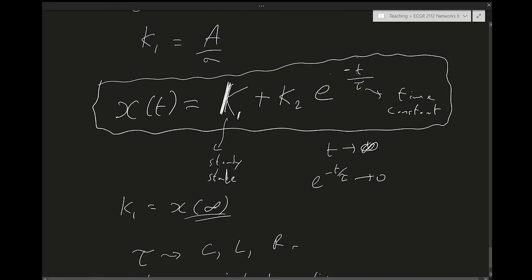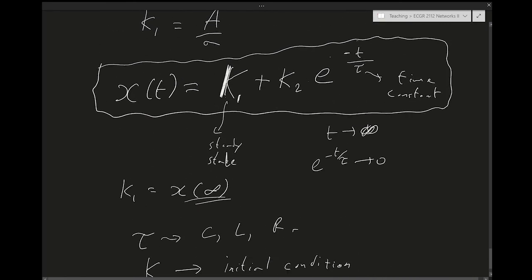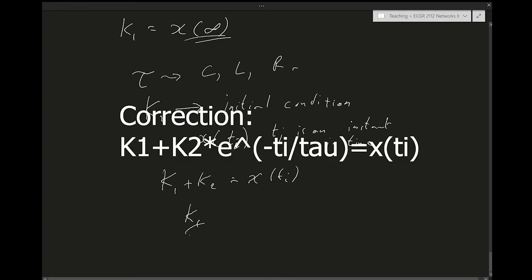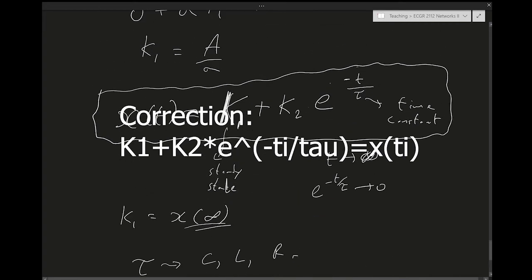Because you plug in this and you get a value for the exponential, and you end up with K1 plus K2 equals this instant that you know in time. And you already know what K1 is from the steady state, equals x infinity. Because you already know what K1 is, you plug it in there and you get K2. So this is the general form of the solution, and you can easily find the constants.